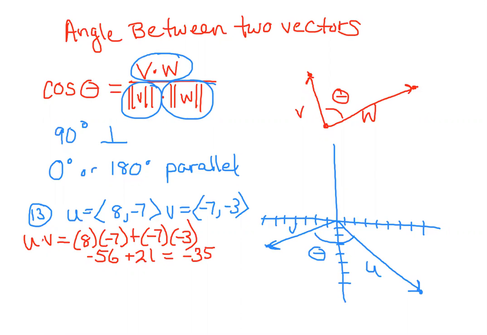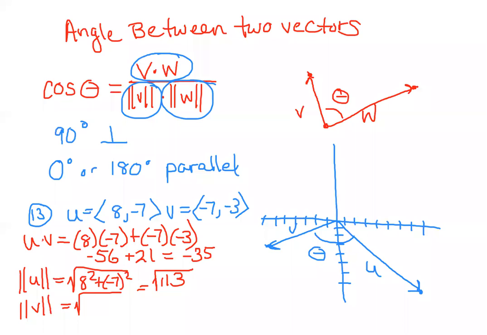And then we need each one's magnitude. So we'll find the magnitude of u, and that's going to be the square root of 113. And we're going to find the magnitude of v, and that's going to be the square root of 58.